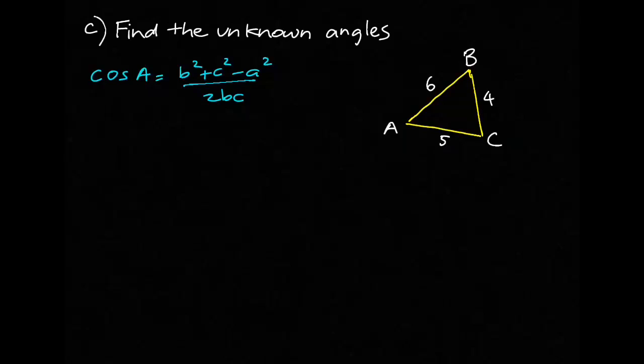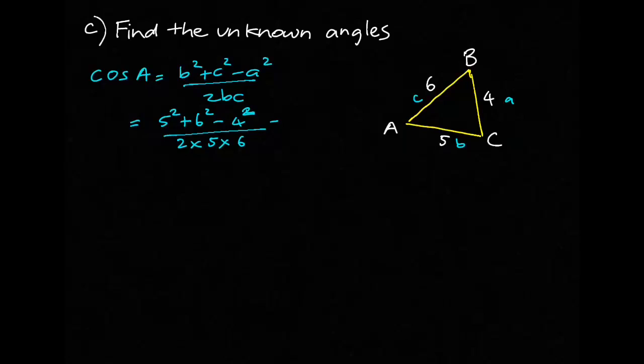So cos A equals that, so we'll put in the values. This is c, this is b, and this is a. So we've got 5 squared plus 6 squared minus 4 squared, all on 2 times 5 times 6.